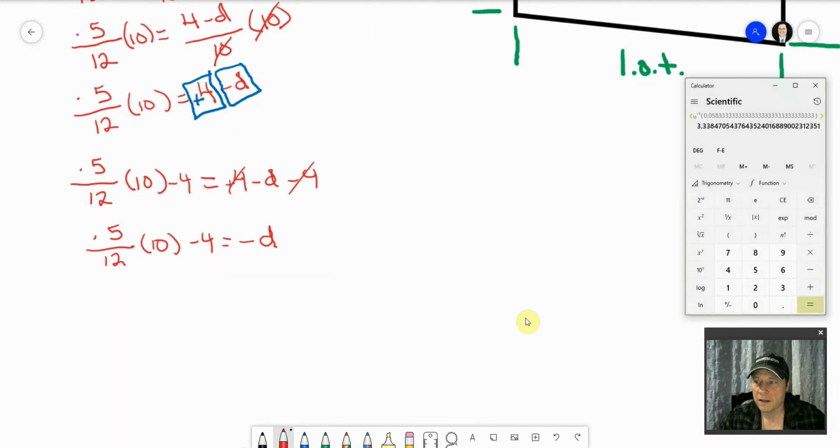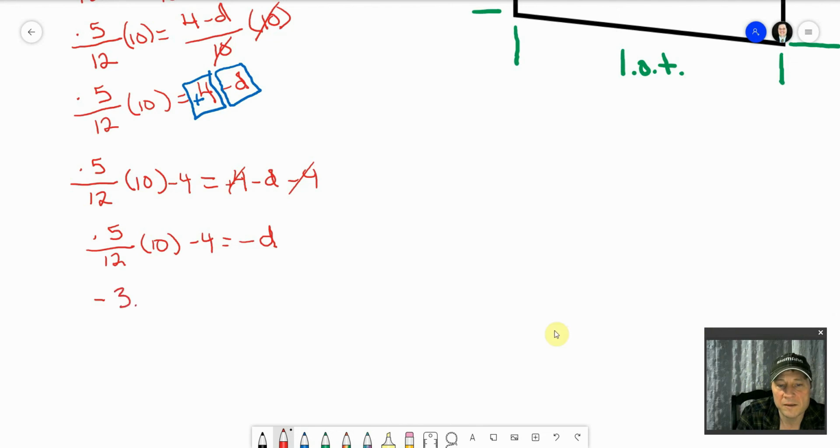All right, let's get our calculator out and do the formula. 0.5 divided by 12 times 10 minus 4 equals. Notice that our answer is negative 3.95. Negative 3.95 equals negative d. So just think about the math here for a second.